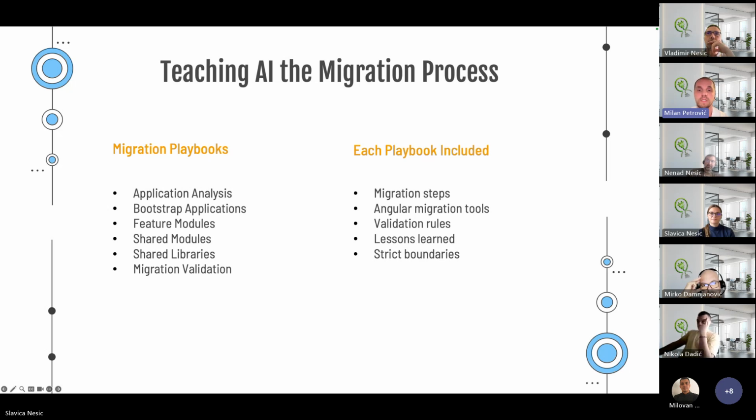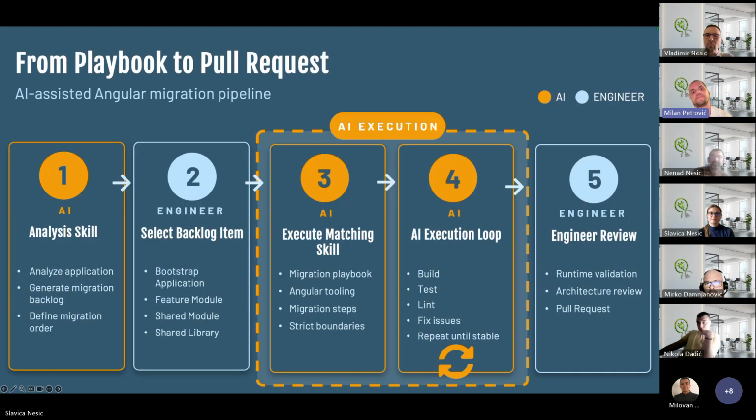Over time, these playbooks evolved into AI skills. And once that happened, AI was no longer trying to figure out migration on its own. It was executing migration processes that had already been defined, tested, and improved through real migration work. That consistency became the foundation for scaling the migration across the entire portfolio.